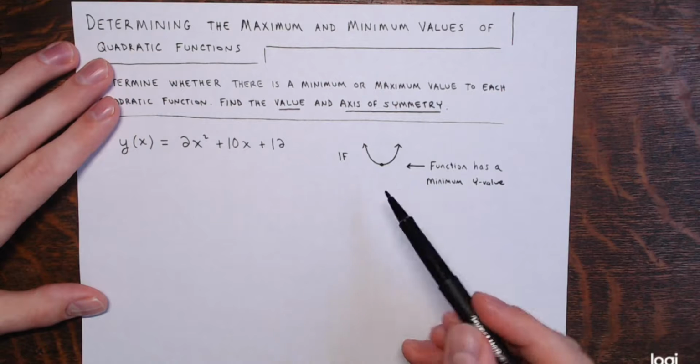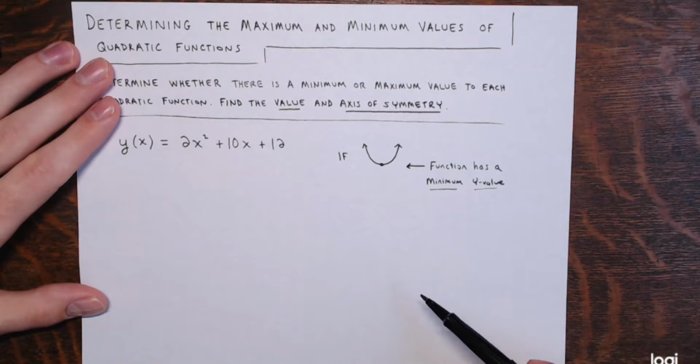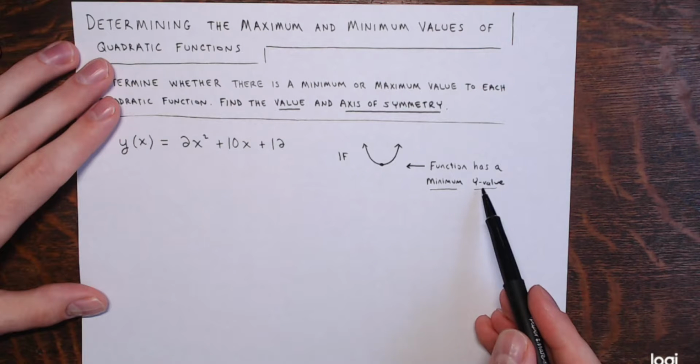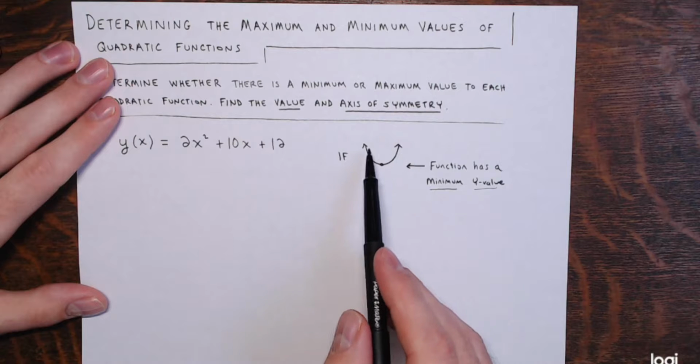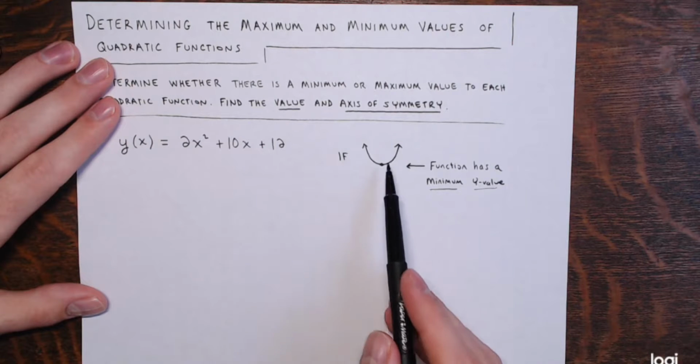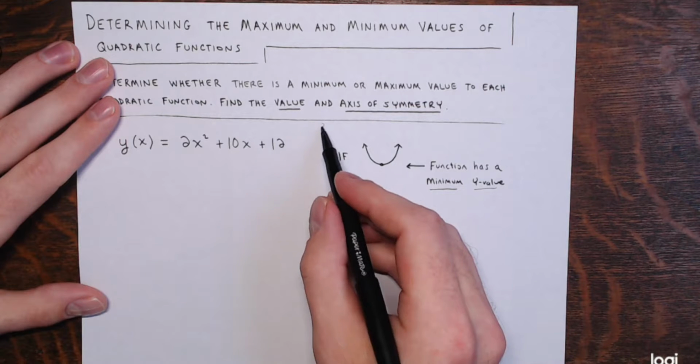So when we talk about the minimum value or the maximum value of a function, we're talking about the y coordinates. Notice there'd be no largest y coordinate, the graph would be going up forever, so there's only a minimum.